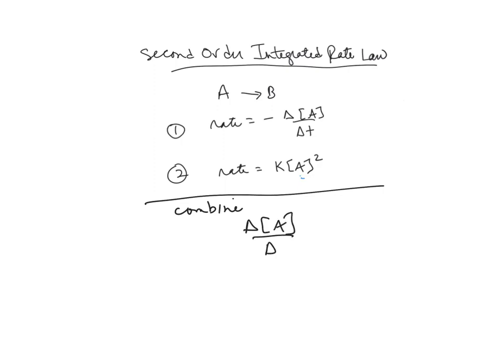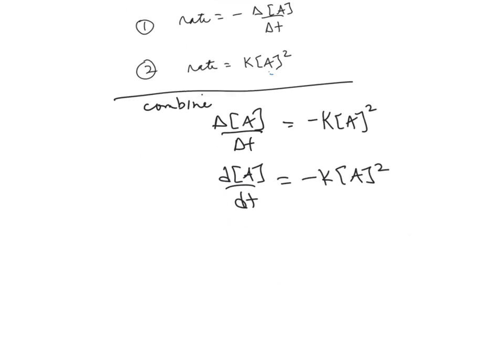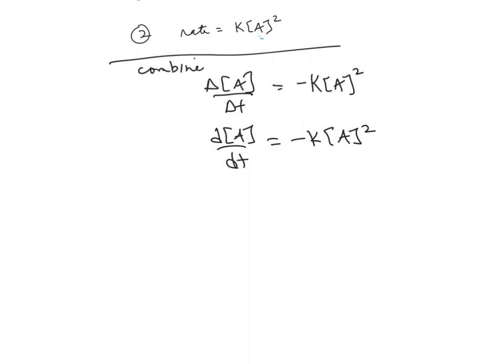Change in concentration of A divided by change in time will be equal to negative k A to the second power. And we'll switch to our calculus symbolism. d instead of delta, dA divided by dt will be equal to negative k times A squared. The next step is to separate the variables.